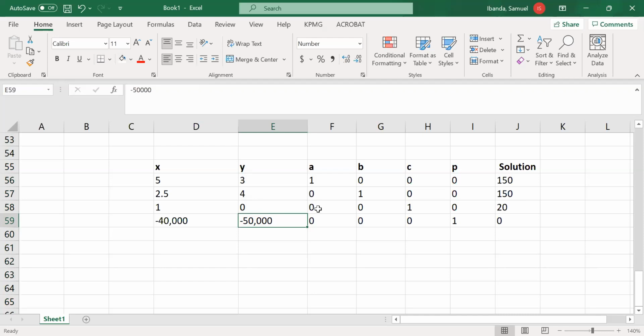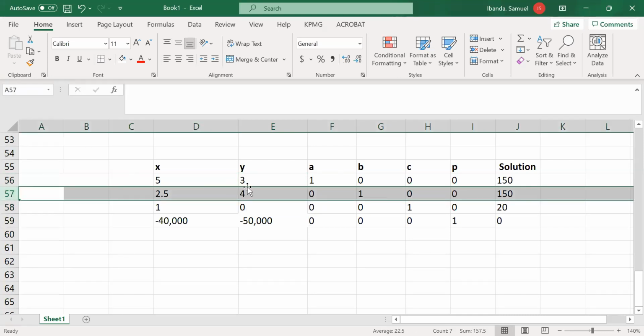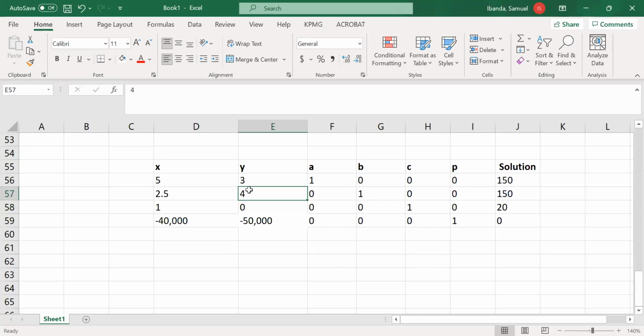After getting the pivot column, we then go ahead to choose our pivot row, basically the row that we are going to use, because we want to get the pivot point.